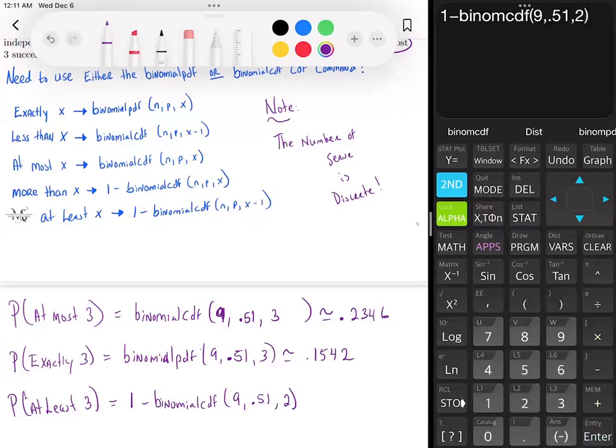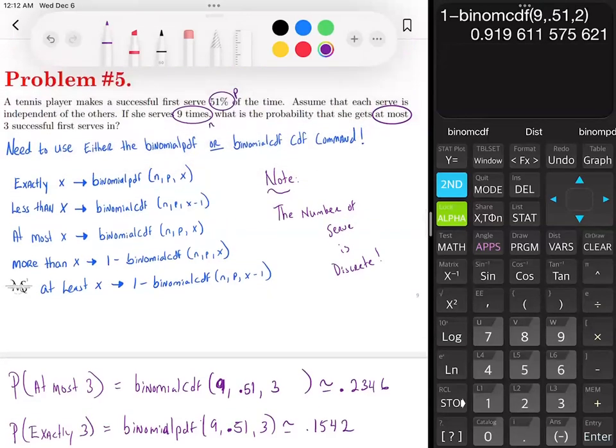Sorry, not comma, close parentheses. And then you hit enter. If you look at 1 minus binomial CDF here, we're now going to get approximately 0.9196, right?